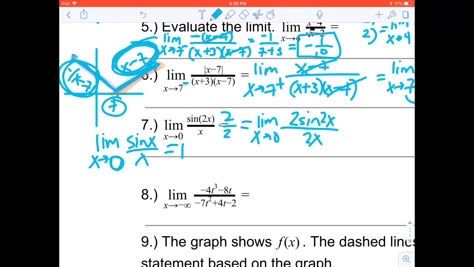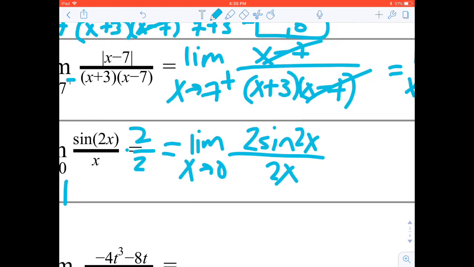So back to number 7, since we had a 2x plugged into sine, we wanted to get a 2x down here, which now we got. This is kind of why we learned the limit properties to begin with.